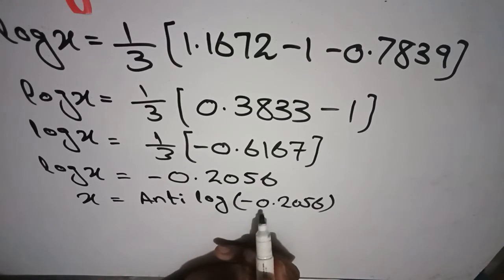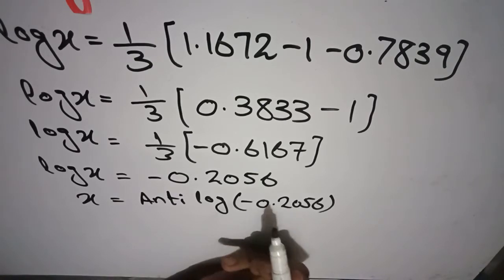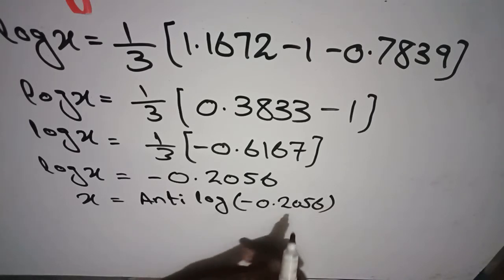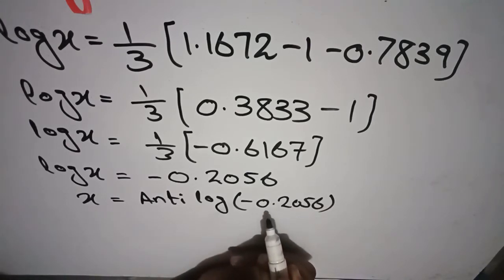As you already know from exercise 3.2, when you find the antilog of a number, the logarithm is already given and you have to find the exact number.